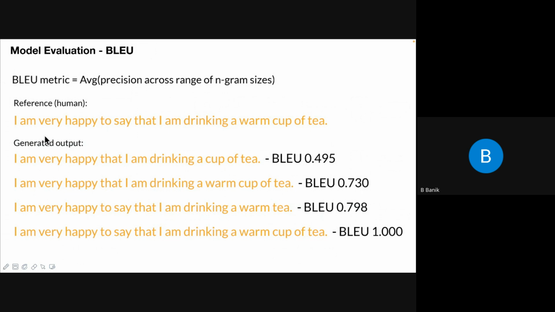Here it says "I am very happy that I am drinking a cup of tea". You calculate a precision across a range of n-gram sizes, as we have seen how to calculate the n-gram sizes, and you take an average of this. That's how each generated output will get a slightly different BLEU score, given that the output is a little different. Got it.